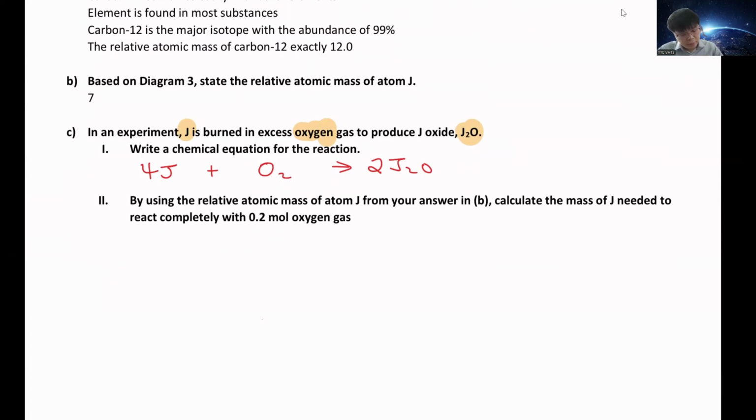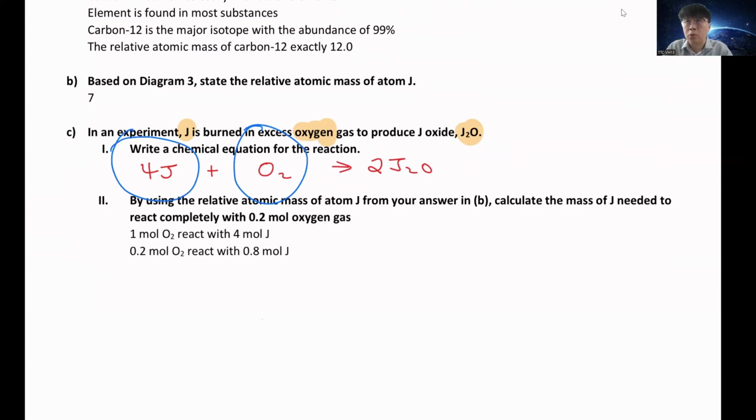So if you refer to O2 and J, the ratio is 1 mole O2 reacts with 4 mole J. So now they have 0.2 mole of oxygen gas. So 0.2 mole will react with 0.8 mole. Then put in 0.8 mole, put in the molar mass of J which is 7, you'll get 5.6 gram.